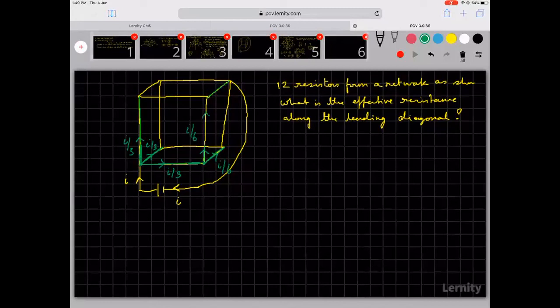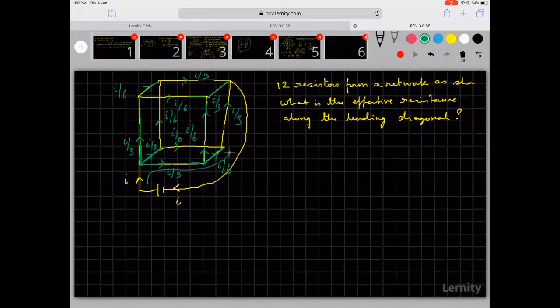This is I by 3. This will also divide I by 6, I by 6. Now from here I by 6 is going, from here I by 6 is going. So this will become I by 3. Here, from here I by 6 is coming, from here I by 6 is coming. So this will become I by 3. This is also going to become I by 3.